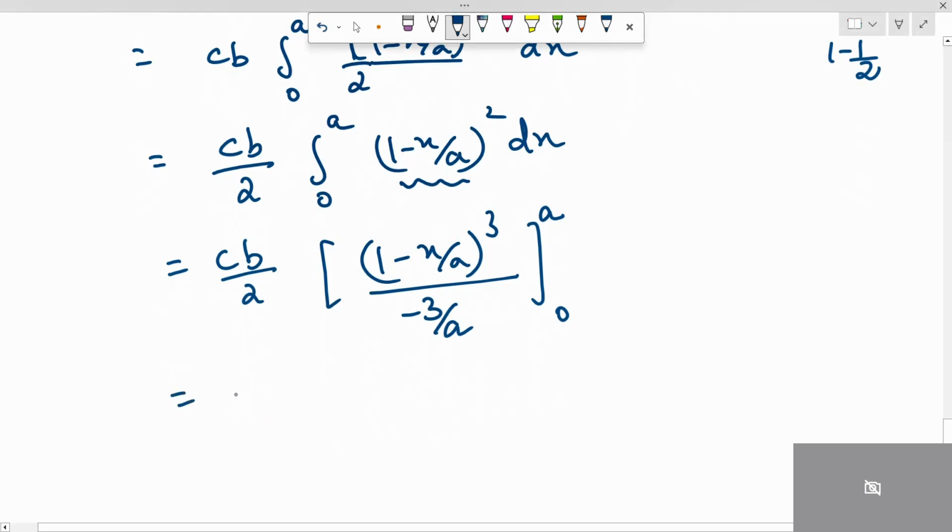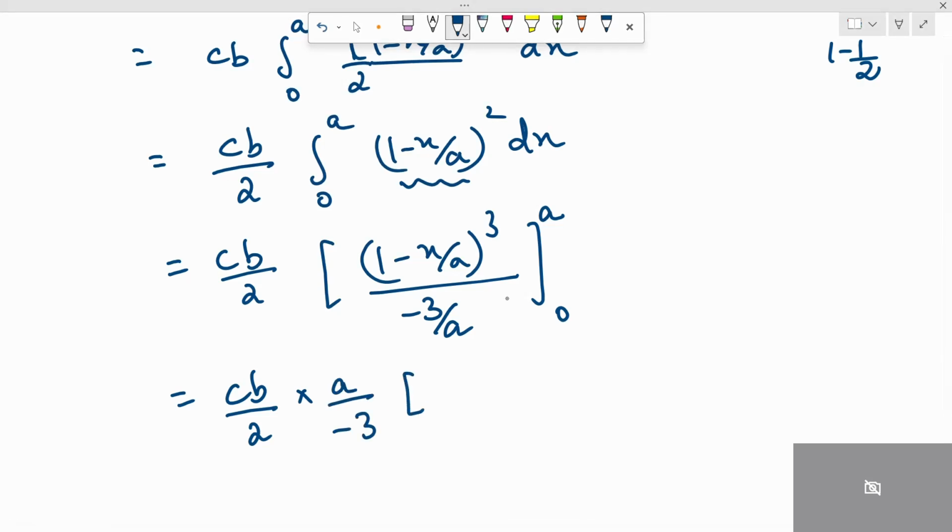Now we can write cb by 2 into the denominator value goes to numerator, it will be a by minus 3, and then apply upper limit value a in x, which is 1 minus 1 first term, and then minus apply lower limit value. Okay, whole cube, lower limit value 0, 1 minus 0 whole cube.